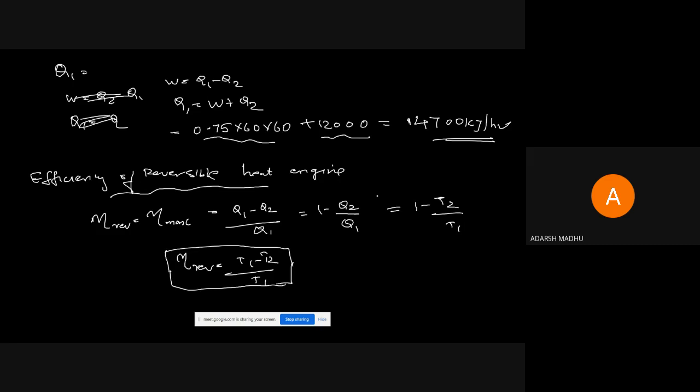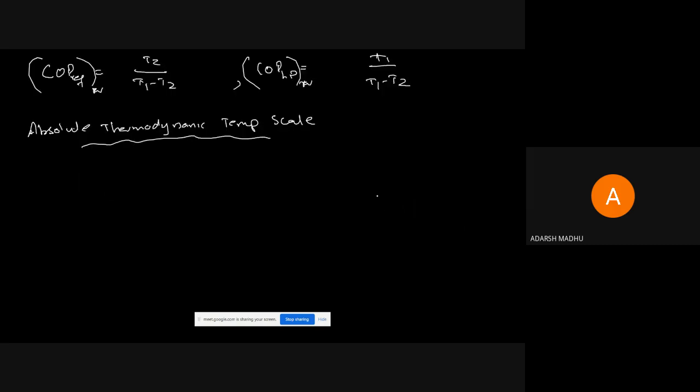The heat transfer in a reversible heat engine is directly proportional to temperature. When temperature increases, the heat transfer increases. When temperature decreases, heat transfer decreases. This is the concept of the absolute thermodynamic temperature scale. This is the basic concept.